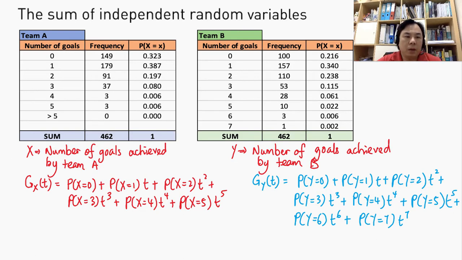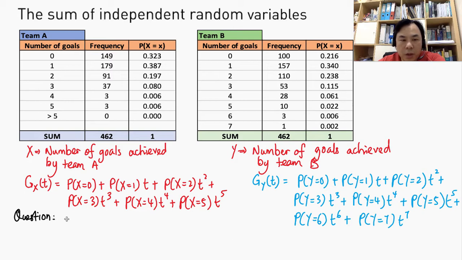Now, there will be times when one might be interested to ask this question: what would be the probability of the total goals obtained by Team A and B being equal to 3, for instance? So there will be a question here that might be raised by someone.